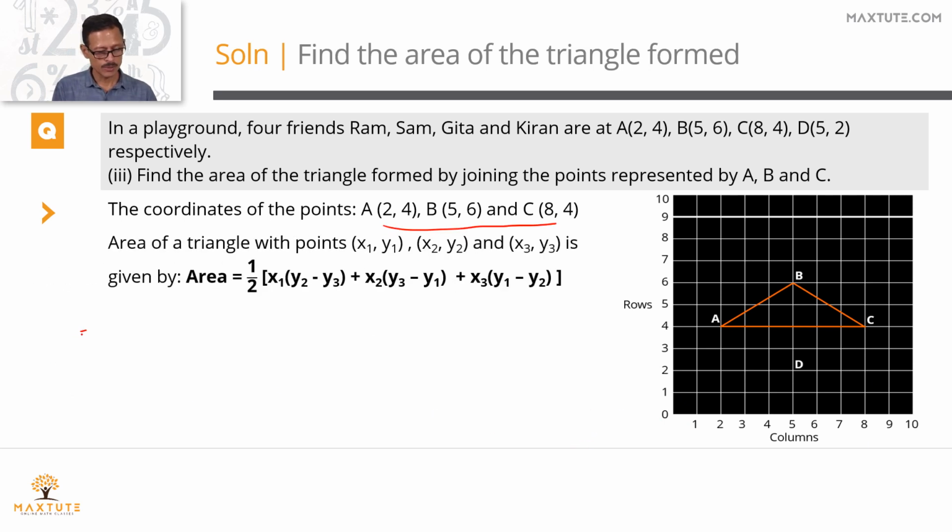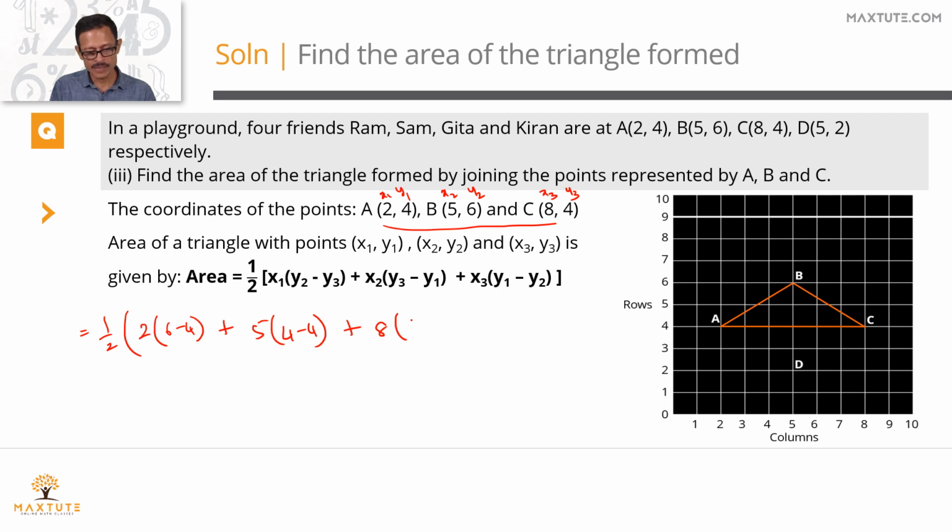Let's apply it. This is equal to half into x1, y1, x2, y2, x3, y3. So x1, which is 2, into y2 minus y3, which is 6 minus 4, plus x2, which is 5, into y3 minus y1, which is 4 minus 4. Good number to work with in terms of calculation.